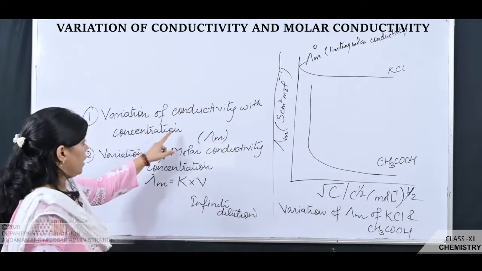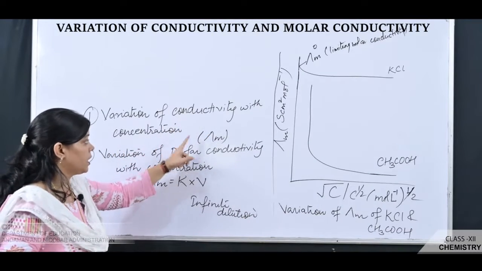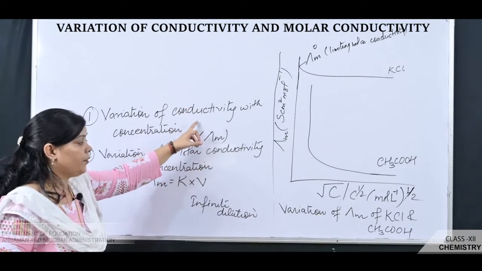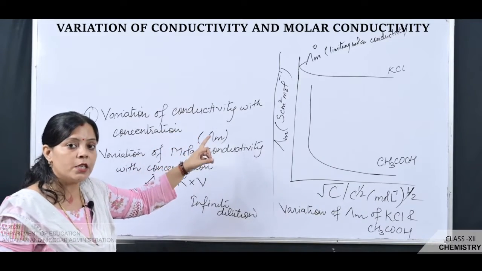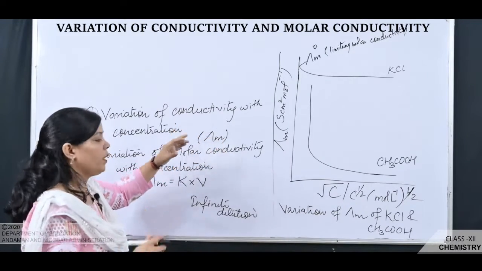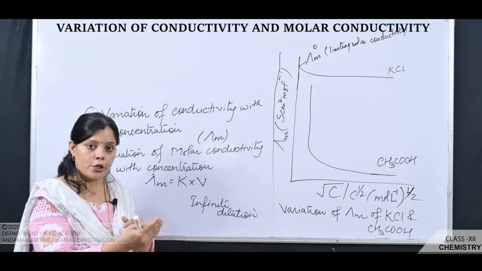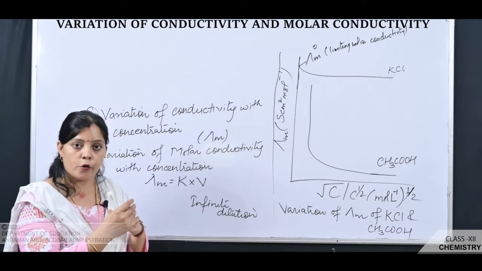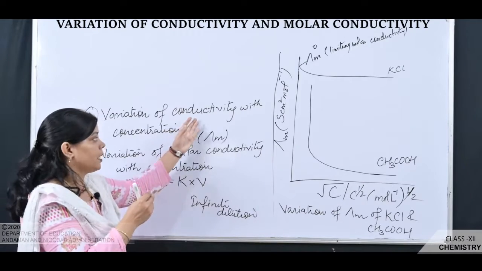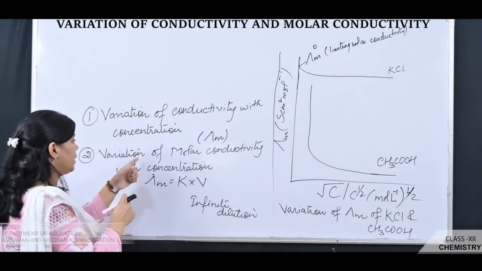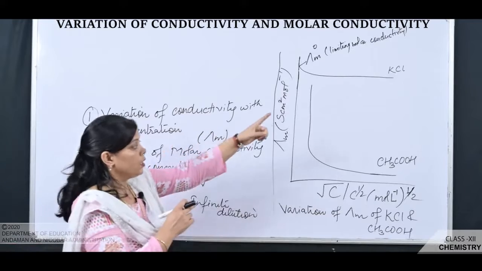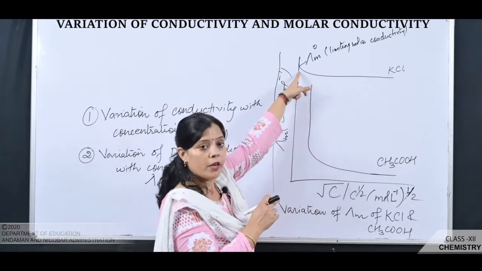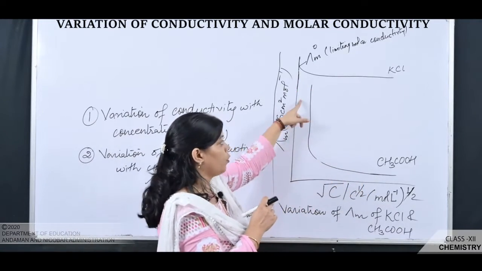So students, here the variation of conductivity with concentration: conductivity is the conductance of 1 centimeter cube volume of the solution. When we are decreasing the concentration of the solution, fewer ions are available in the electrolytic solution, and the conductivity decreases. But in the case of molar conductivity, the molar conductivity increases on dilution, here you see in the case of weak electrolyte also.